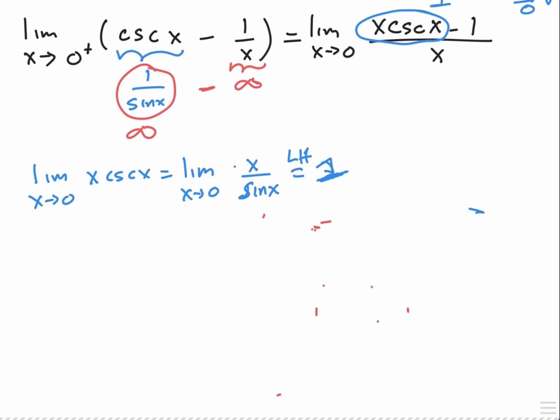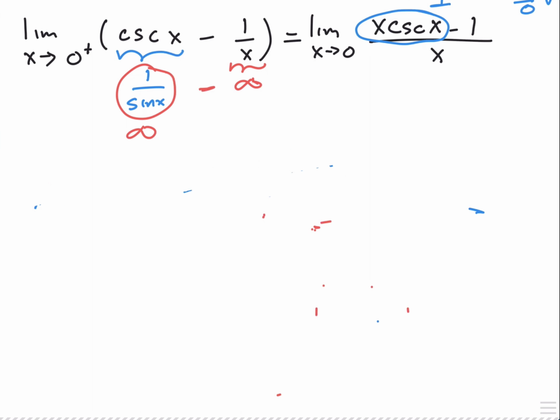Okay. All right. So let me erase this again. So let's do this here. I might need a little bit more room, so I'm going to write the equal sign down here. So this is equal to the limit as x goes to 0 of, well, the bottom's just 1, right? The derivative of x is just 1. The derivative of x cosecant x, what is that?